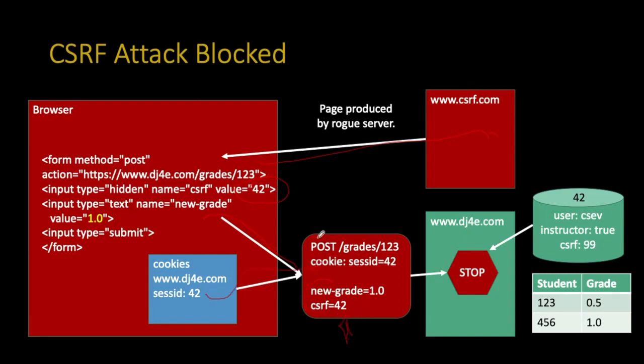The session ID is sent in, and so the session is pulled in. We know it's user C7, we know it's an instructor, but we're going to check to see if the CSRF matches, and then it blows up. And so then you just refuse the post, probably log the user out, and then log some kind of a security error. So the idea is by having this little CSRF number in the session, we can take care of that.